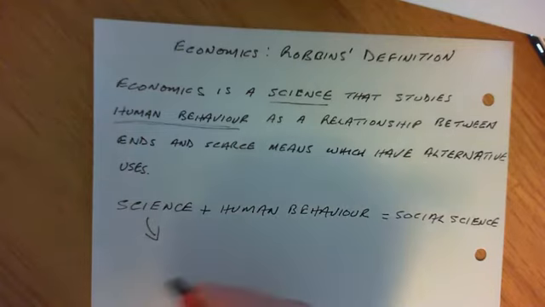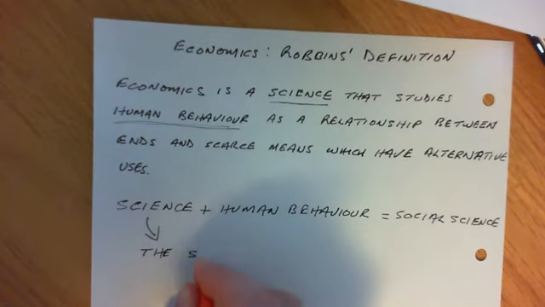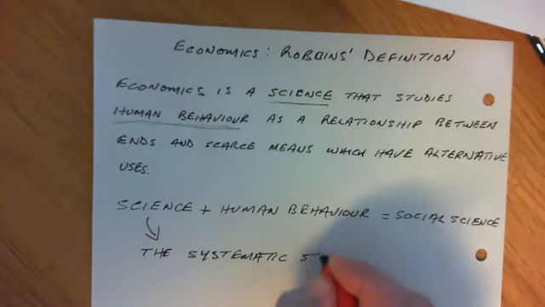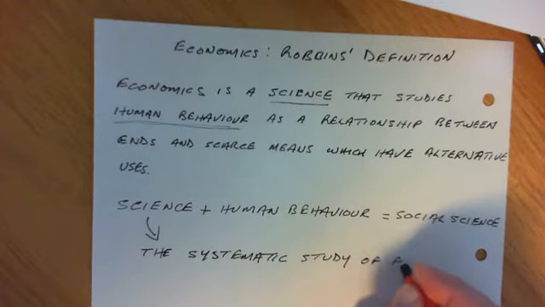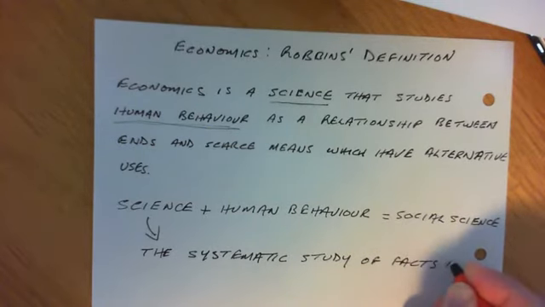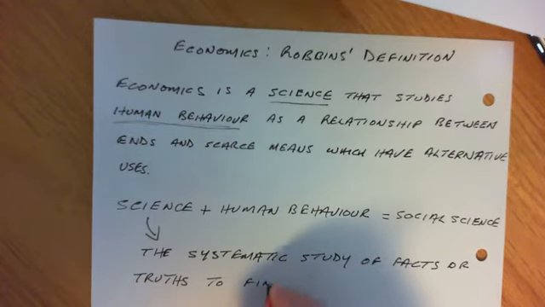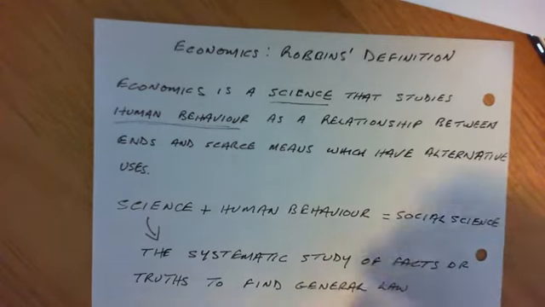Well, there are various definitions, but they seem to come down to something like this: science is the systematic study, and you'll find other definitions, of facts and/or truths, if you like, to find general laws, to find general relationships.